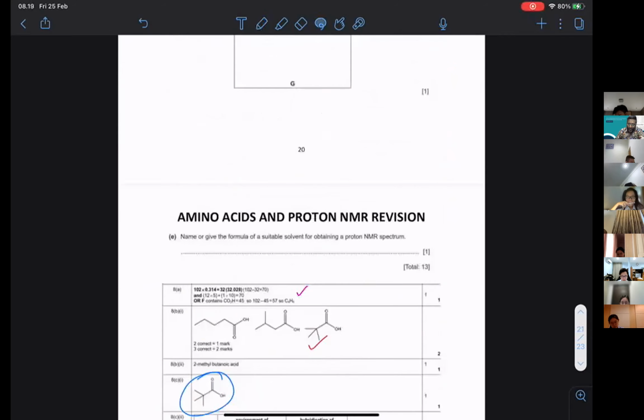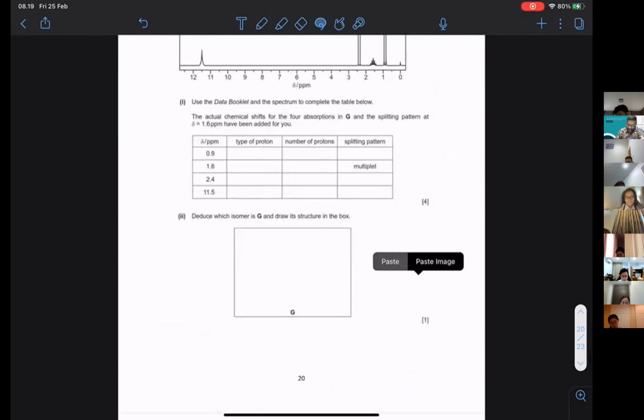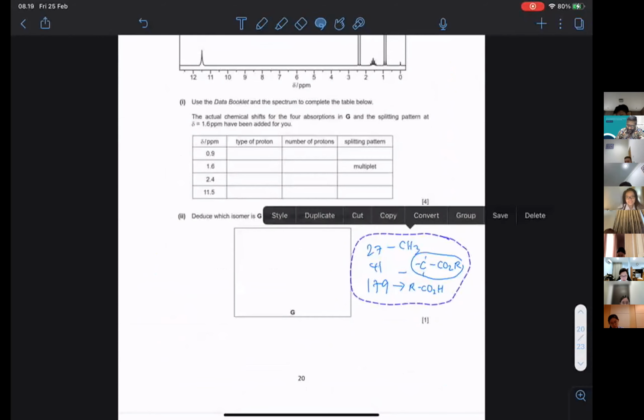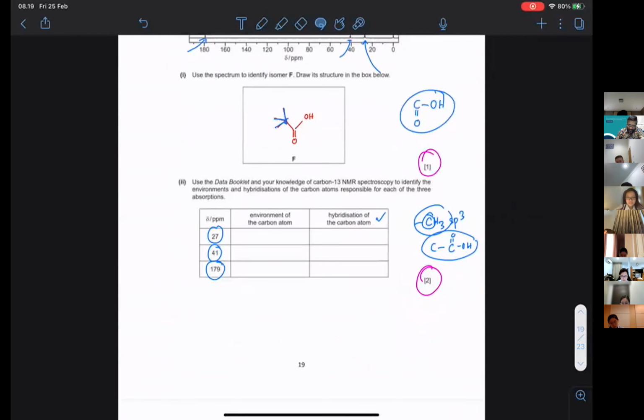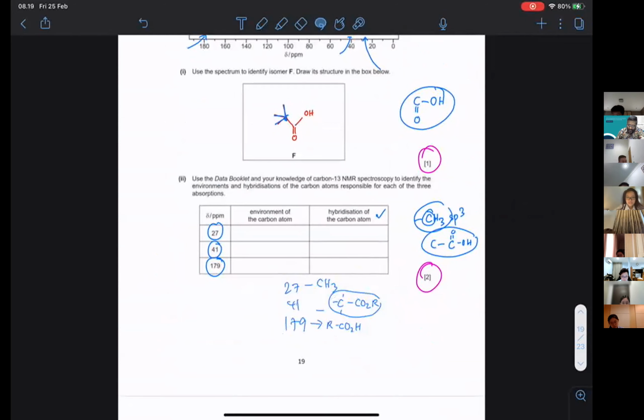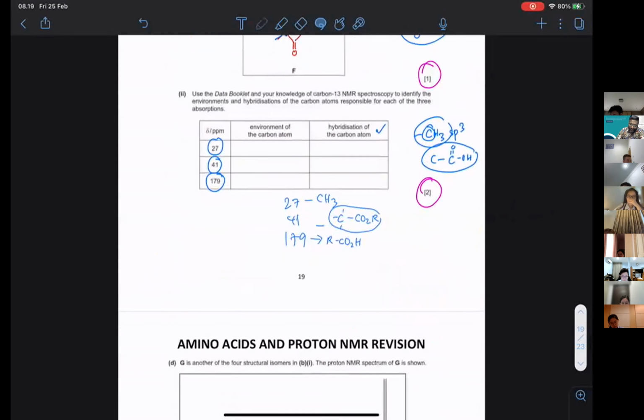Copy, paste. This one, the environment, I will choose as CH3. This one I'll choose as CO2R, and the environment is R.